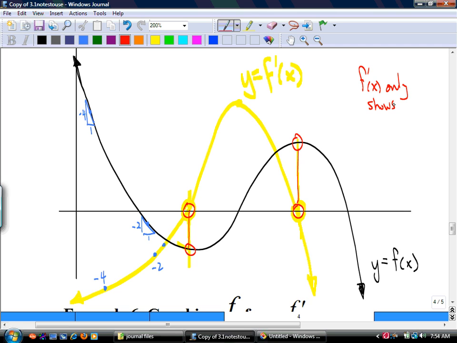Maxes, mins become x-intercepts. It's just arrows. I'm just trying to show you that information, where those points move to. Okay?